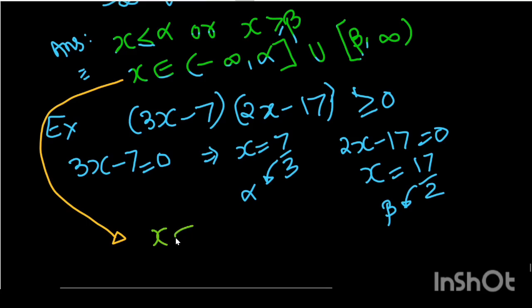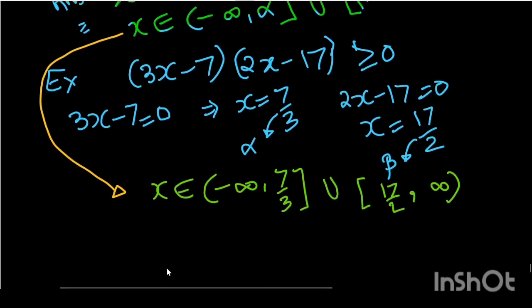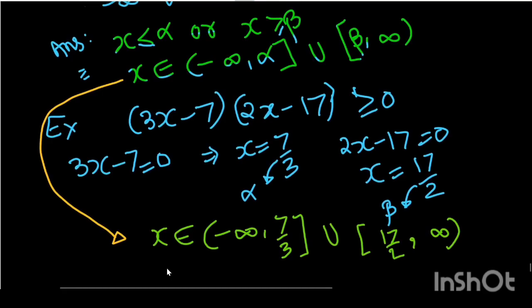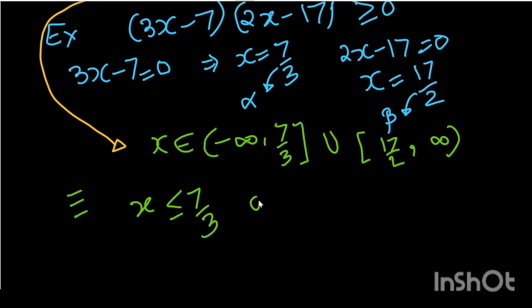x belongs to minus infinity to the smaller value alpha, which is 7 by 3, closed bracket, union beta, which is the bigger value, 17 by 2, comma infinity, guys. Or else you can write it in inequality form equivalently: x less than or equal to 7 by 3 or x greater than or equal to 17 by 2.